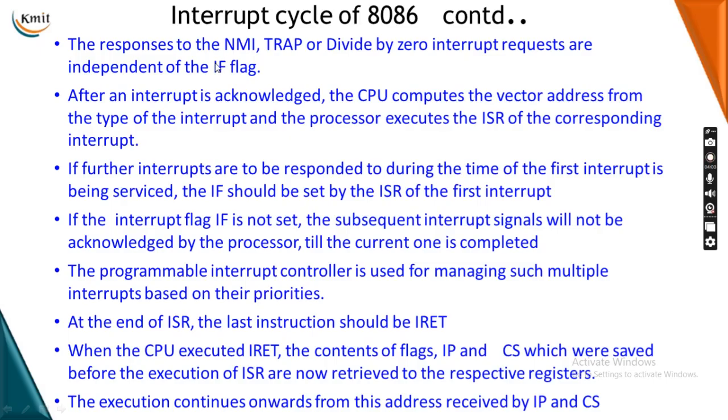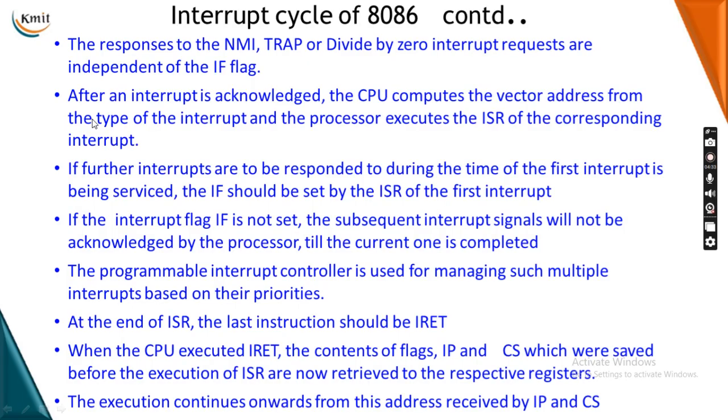The responses to NMI, trap or divide by 0 interrupt requests are independent of the IF flag. They are not dependent on the IF flag. After an interrupt is acknowledged, the CPU computes the vector address.